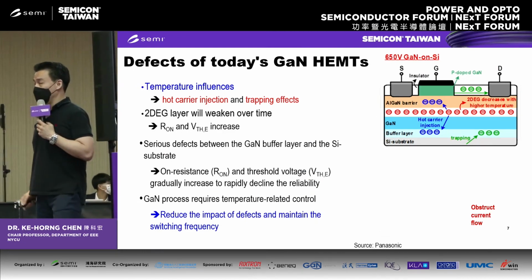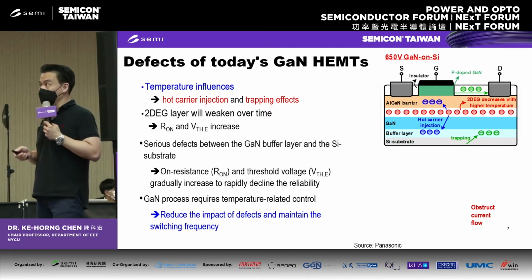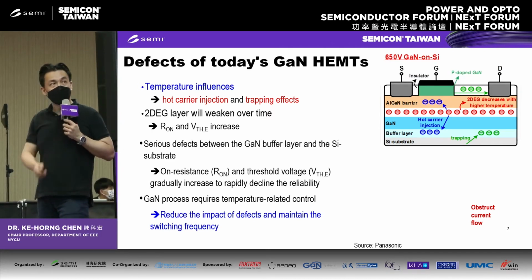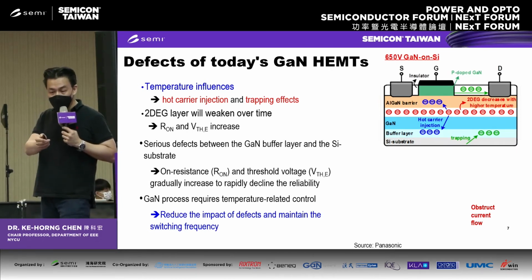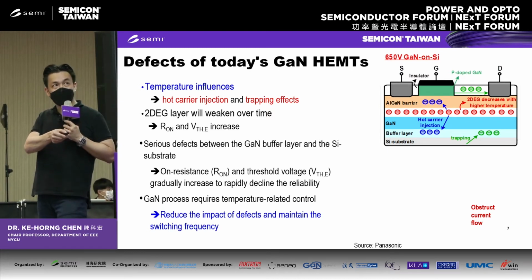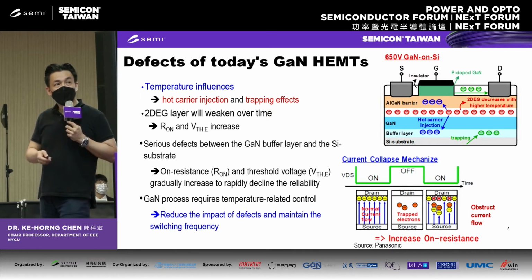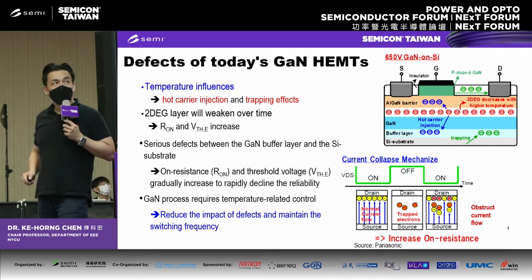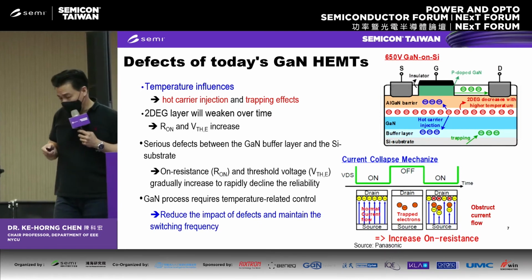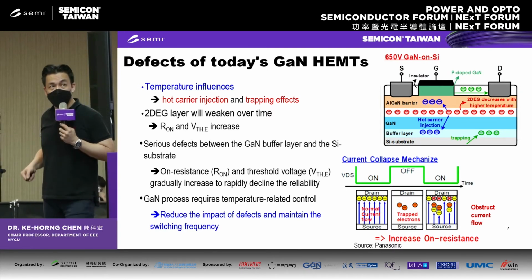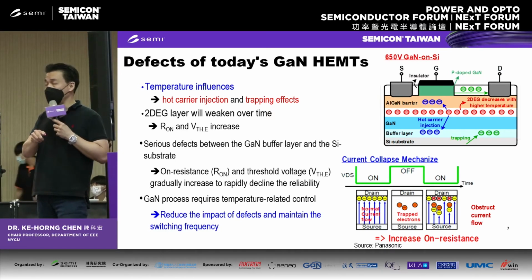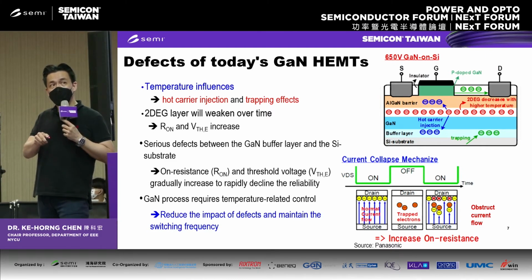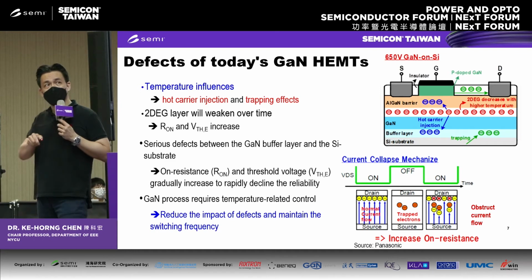After the introduction of the dGaN, I can show you the defects of the GaN. The first one is the trapping effect and current collapse. What is the trapping effect and the current collapse? When temperature increases, hot carrier injection will induce some electrons to be injected into the aluminum gallium nitride barrier and the buffer layer. It means that the 2DEG layer will be weakened.